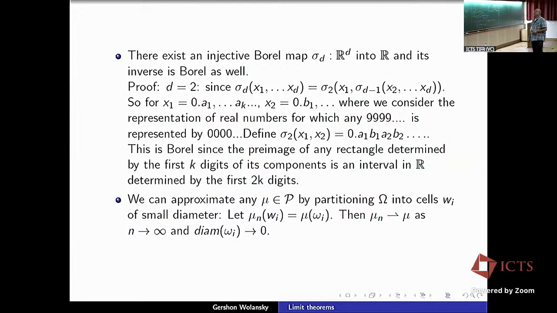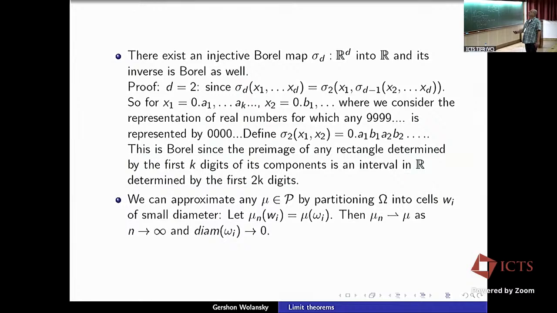And we do it in this way. Look at the unit interval again. The unit interval is equivalent to the whole real line. Just take arctangent or something to map the unit interval to the whole line. And in the decimal expansion of each point, of 2 points, we consider the alternating decimal expansion A1, B1, A2, B2, and so on.